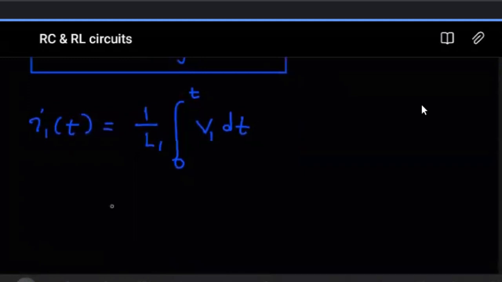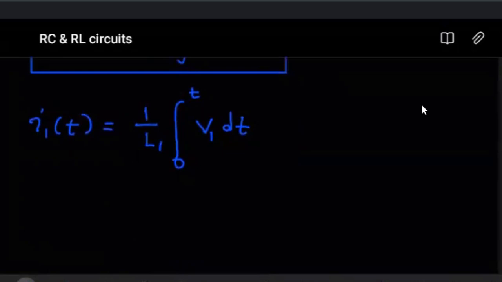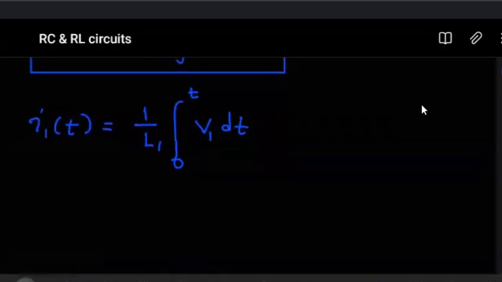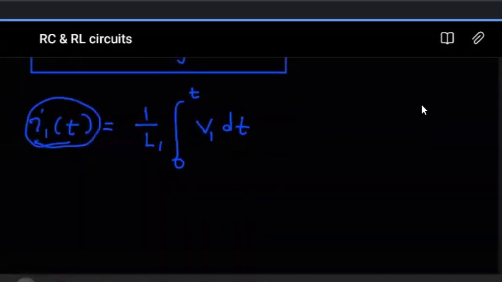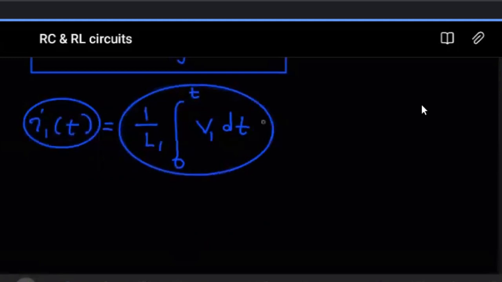You mentioned we were using the integration formula. Why are we using it? What are you trying to find? We're trying to find I1. This is one formula that we looked at. I think we derived this equation when we just introduced source-free RL circuits.